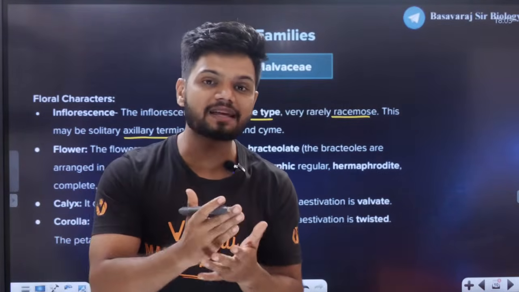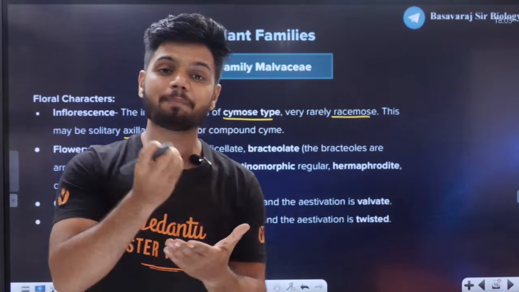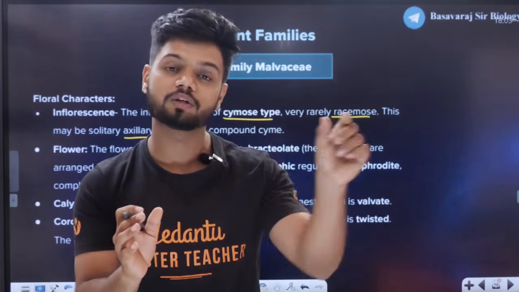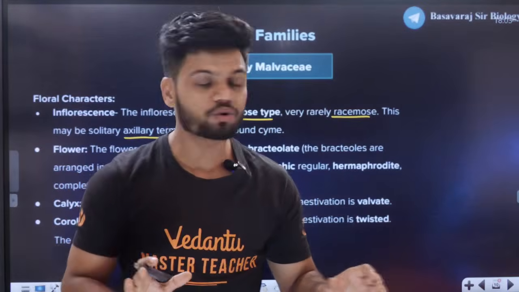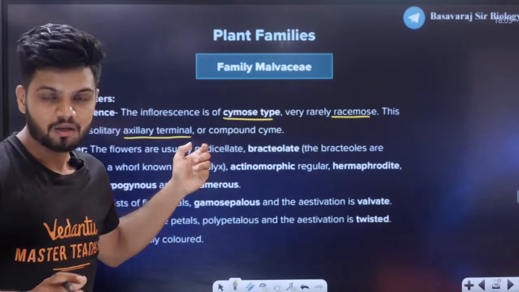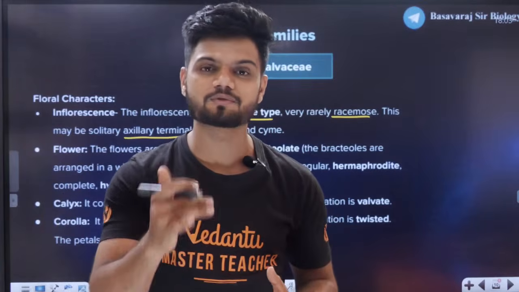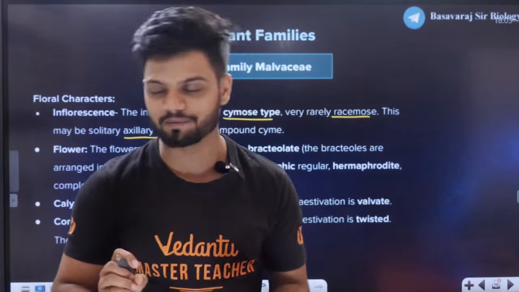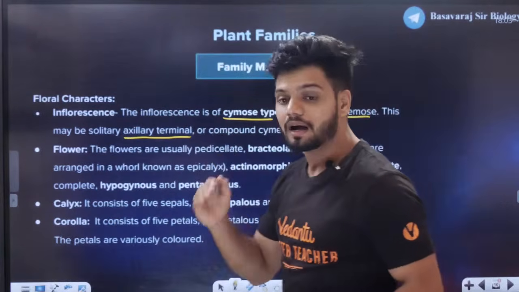And there is a very high chance that in a family itself, one flower will show different inflorescence. So all of these are technically correct. But if this is technically correct, NTA will never ask you this, because NTA doesn't want to risk it, unless NTA is a little cuckoo. Okay, so all three are correct.